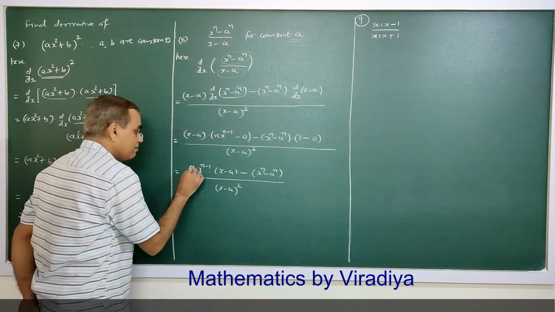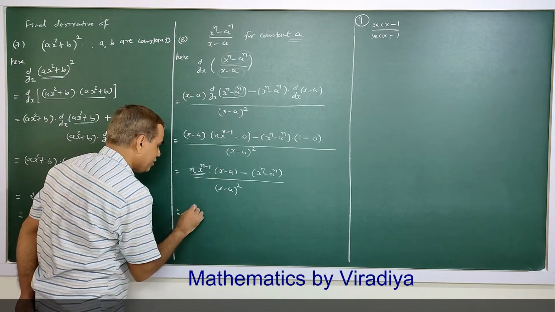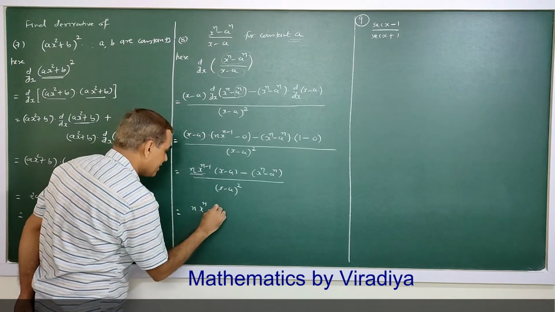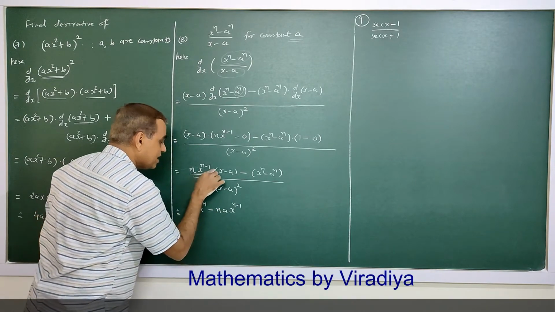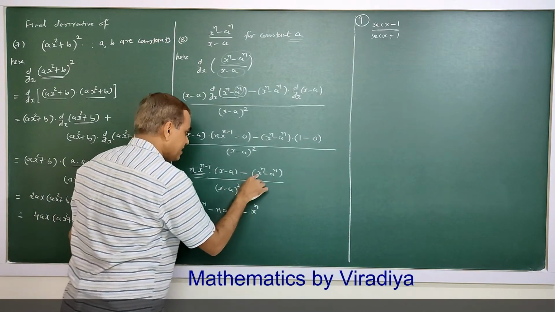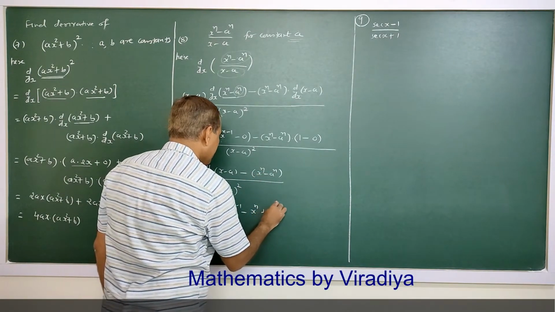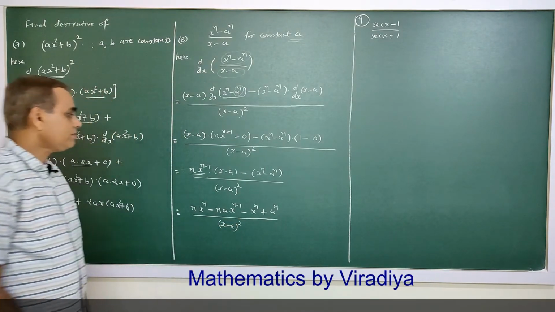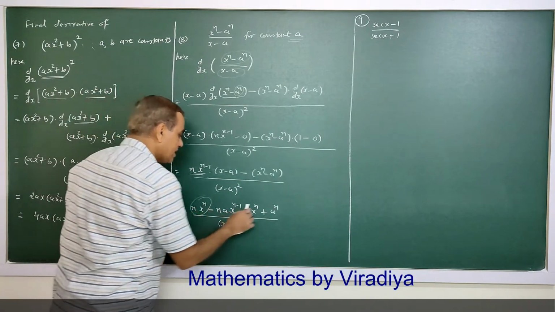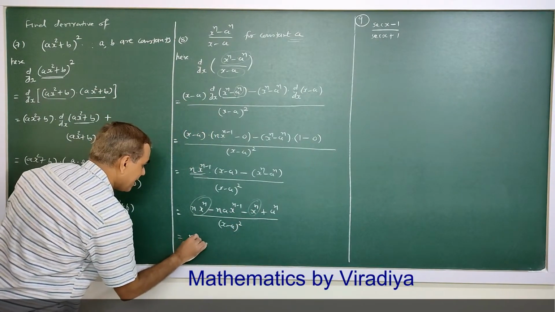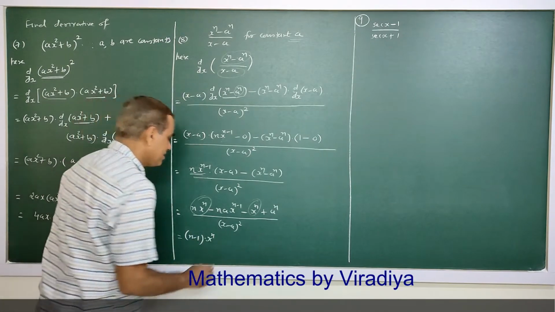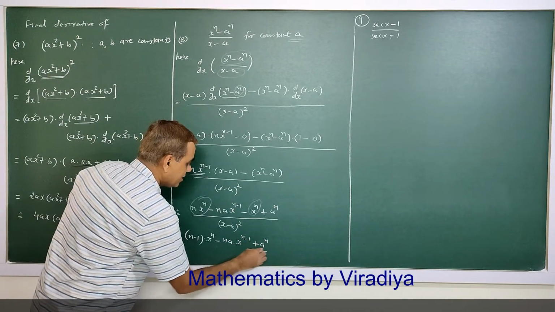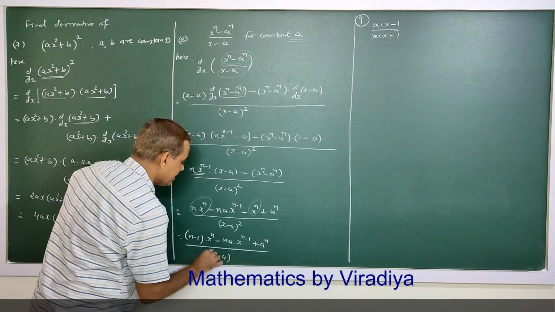So simplifying this, multiplying this number with x, n into x raised to n minus 1 into x is x raised to n, minus n a into x raised to n minus 1, minus x raised to n plus a raised to n, upon x minus a whole square. Now from these two terms x raised to n is common, so n minus 1 into x raised to n minus n times a into x raised to n minus 1 plus a raised to n, upon x minus a whole square.